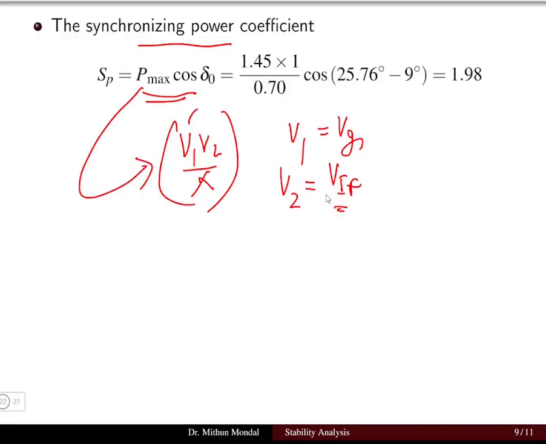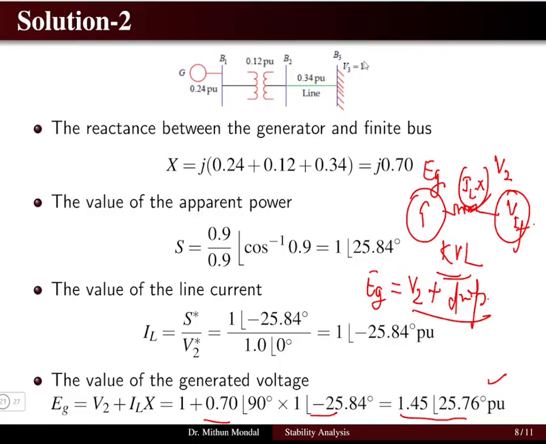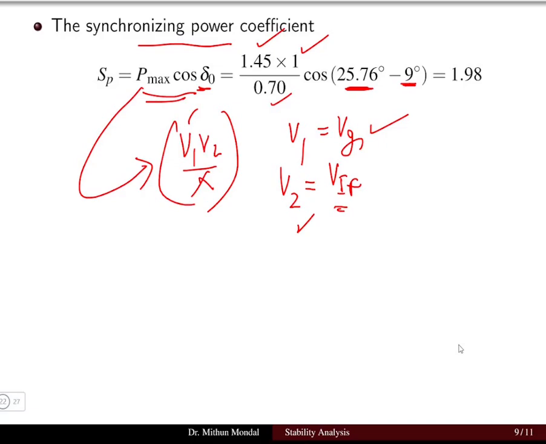The generator voltage is 1.45, the infinite bus is 1, and the total reactance of the line is 0.70, whereas for cos delta we have the 9 degree torque angle calculated at the disturbance, and 25.76 we already got in the previous calculation of the generated voltage. So we subtract to get the synchronizing power coefficient as 1.98.